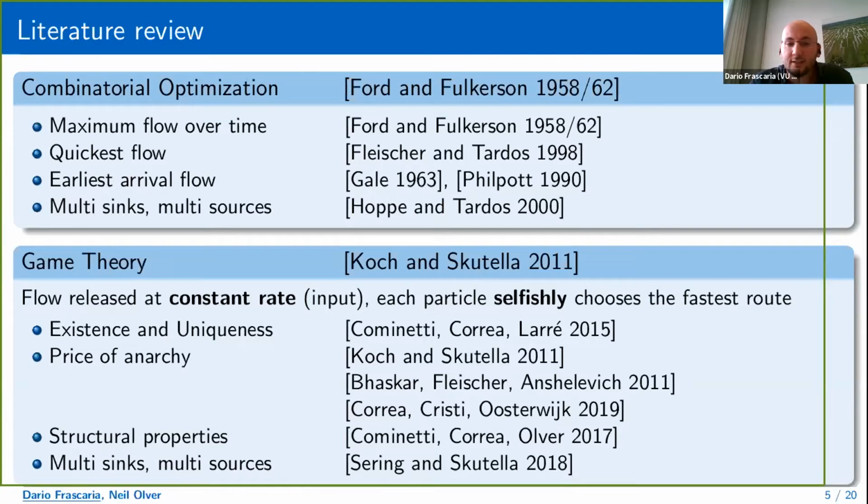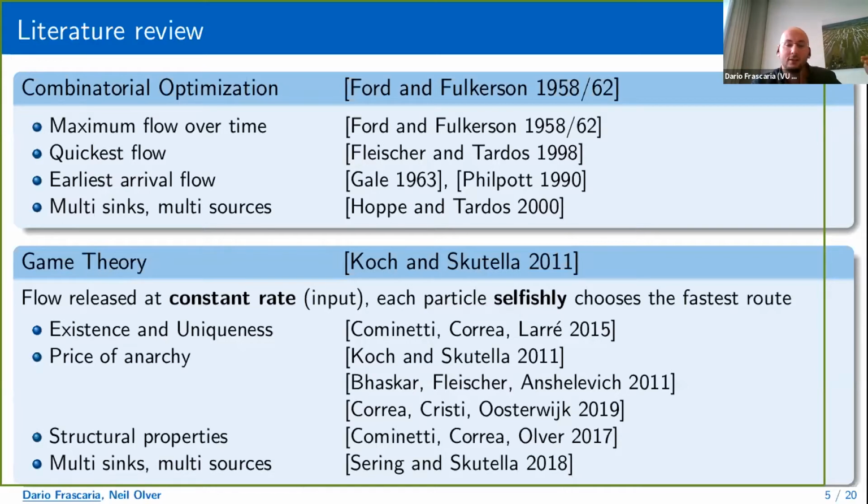But we also have settings with multi-sinks and multi-sources. In the last decade, following the work of Koch and Skutella, flows over time have been studied also from a game theoretical perspective, and here they are used to model traffic equilibria. Each flow particle represents an agent that wants to arrive at the sink as soon as possible.